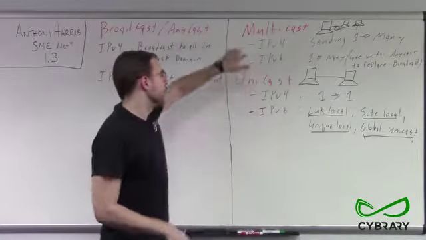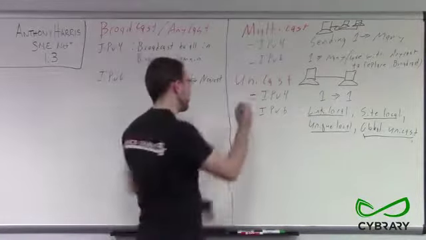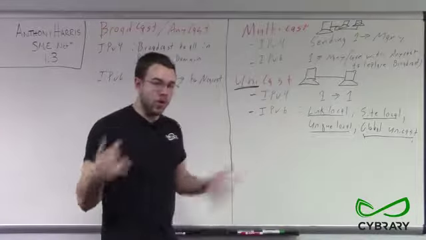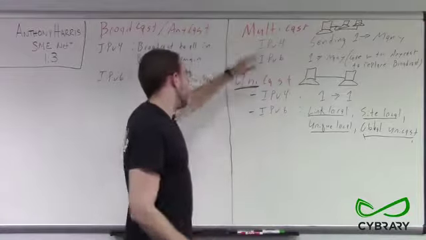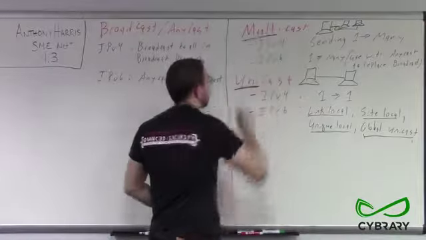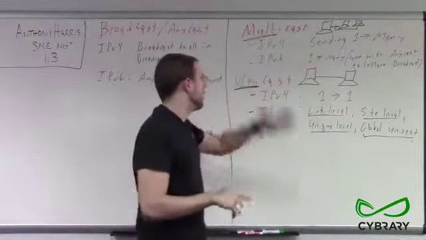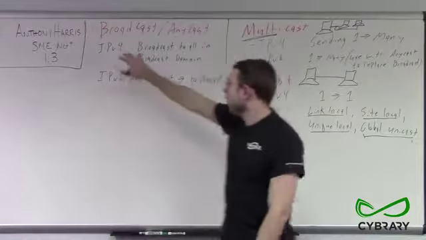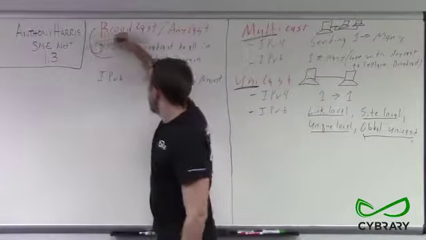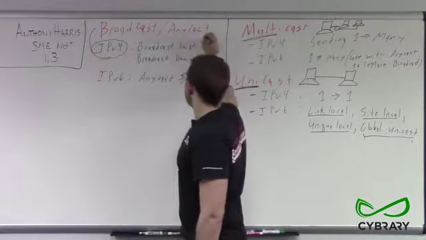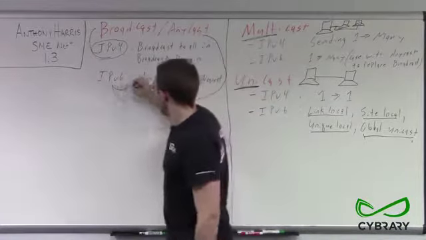So remember, unicast is uni, which is one-to-one, like unicycle with the one wheel. And multicast is multi, so we have one-to-many. And then we have broadcast and anycast. Broadcast is IPv4 and anycast is IPv6.